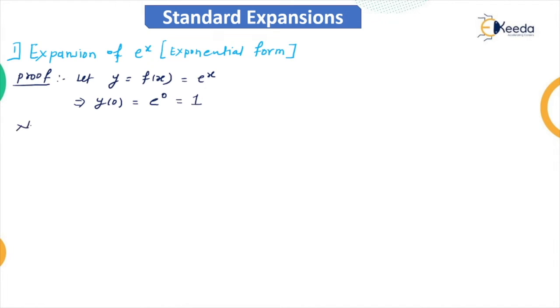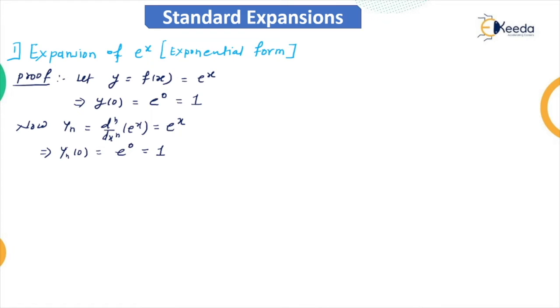Now you know that if y is equal to e raised to x, then yn is the nth derivative, d by dx raised to n of e to the power x. The nth derivative of e to the power x becomes e to the power x as it is, so yn of 0 is again e to the power 0, which is equal to 1.